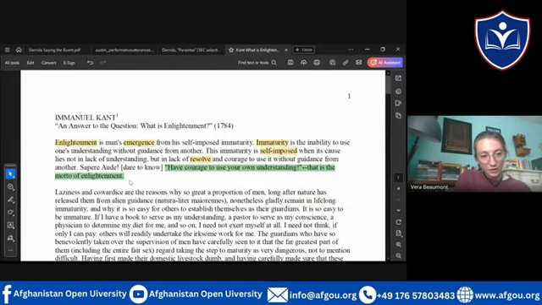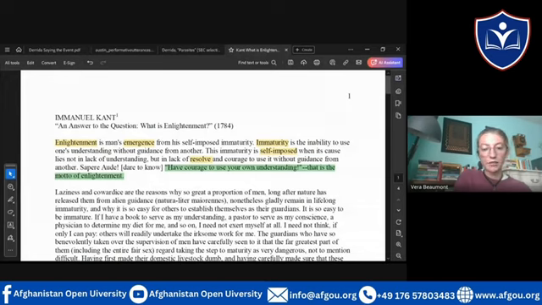Of course, this is a philosophical text, so even though the dictionary may have a definition of enlightenment, there's still a philosophical definition that he's wanting to dive into. But we understand enlightenment as spiritual or intellectual knowledge. All right.